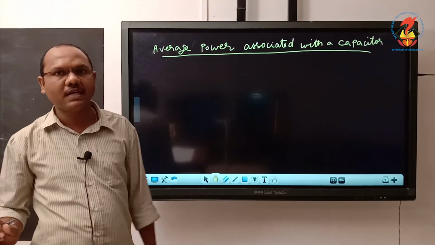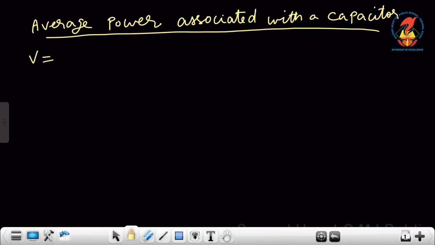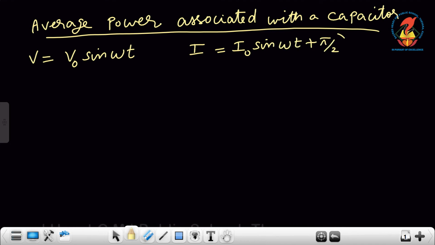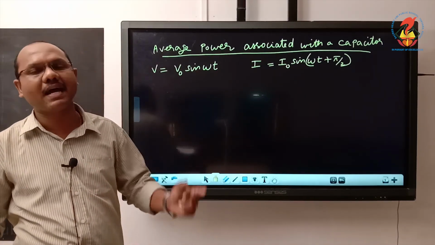Average power associated with a capacitor. So for a capacitor, V is equal to V0 sine omega t and I is I0 sine omega t plus pi by 2. In a capacitor, current leads by an angle pi by 2.